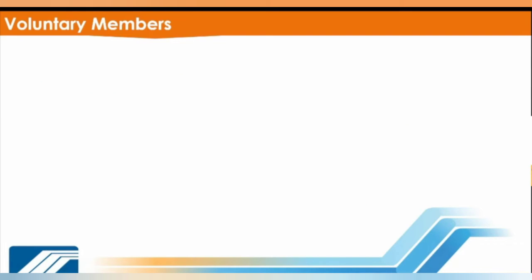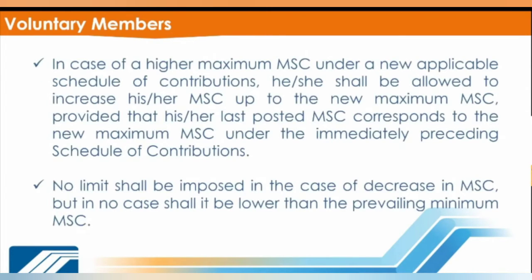Hope klaro po yan. And then second, in case of a higher maximum monthly salary credit under a new applicable schedule of contributions, kung kunwari ang SSS ay maglabas ng panibagong schedule of contributions, the voluntary member, even if they're already above 55, shall be allowed to increase their monthly salary credit up to the new maximum monthly salary credit, provided that his or her last posted monthly salary credit corresponds to the new maximum monthly salary credit under the immediately preceding schedule of contributions.